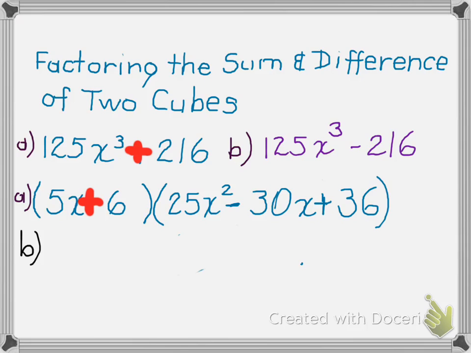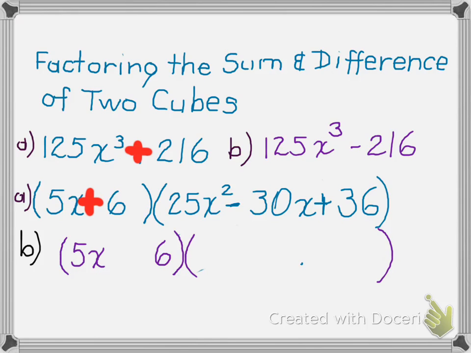First, we cube root each of the terms in the binomial, and we put them in the smaller set of parentheses. Cube root of 125x cubed, we said, was 5x, and the cube root of 216 is 6.